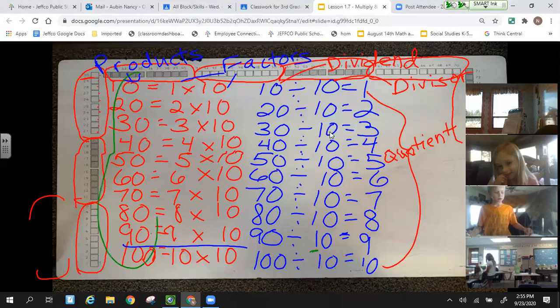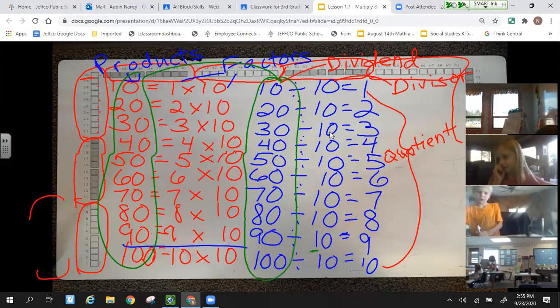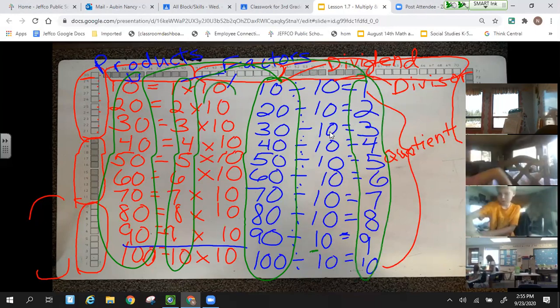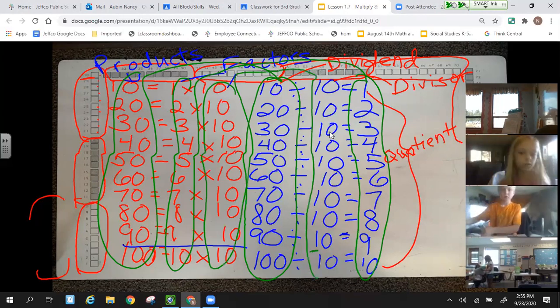All of these are now, when you do the inverse operation, your dividend. Your first factor is now your quotient. Your second factor is now your divisor. That's just showing you the families again, how they are related.